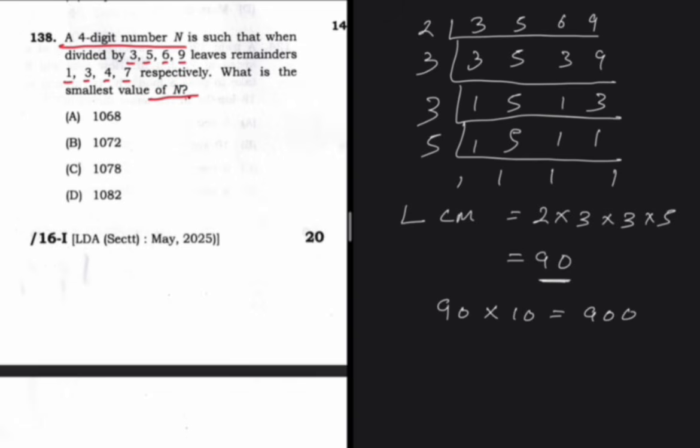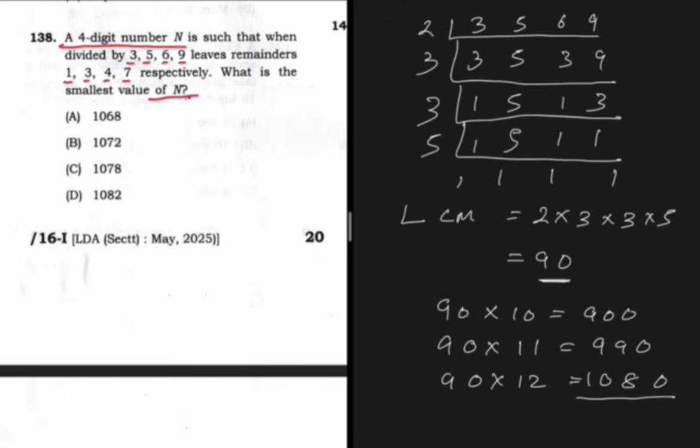This is still a 3-digit number. Okay, we'll find the smallest 4-digit number that is a multiple of 90. If we multiply by 11, it is 990. If we multiply by 12, it is 1080. Okay, so we will take this as the smallest multiple of 90 that is a 4-digit number.